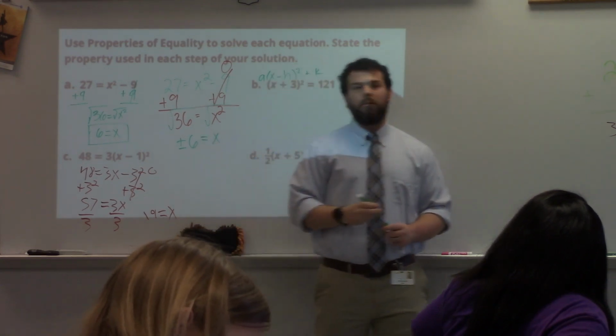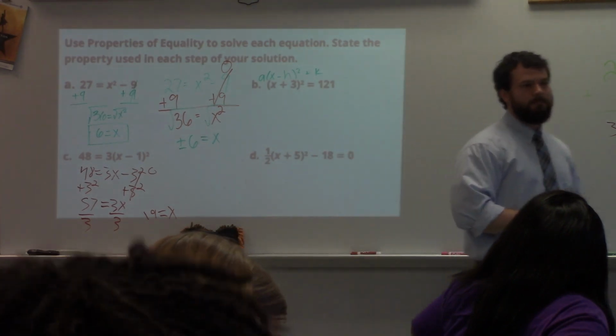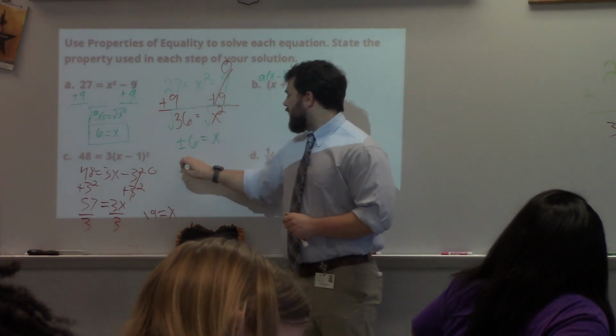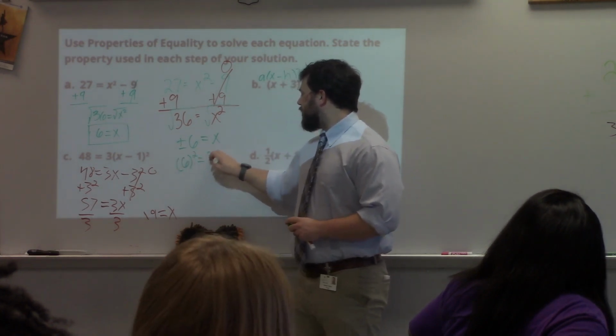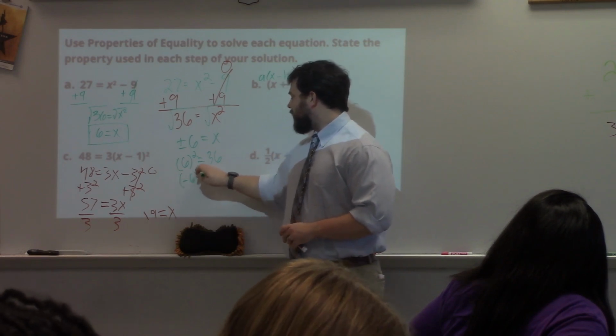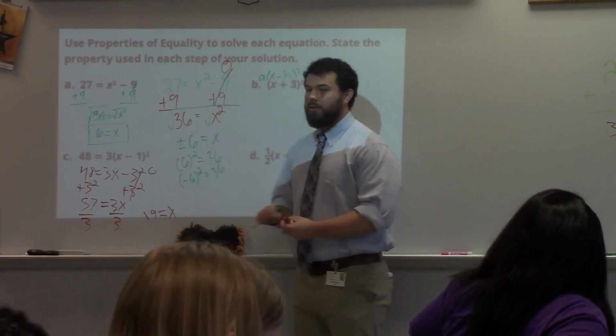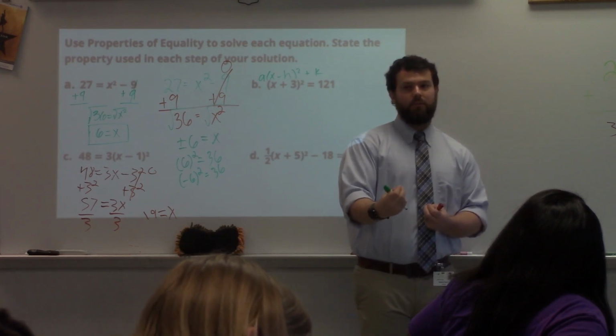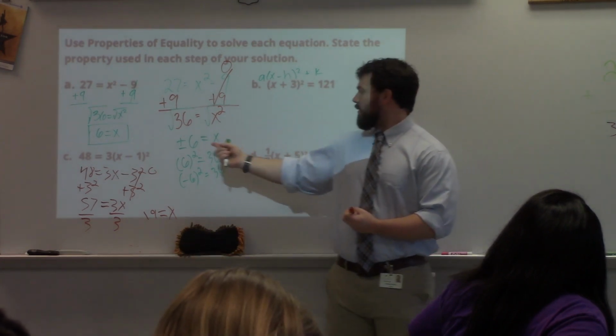What key thing did I write there that a lot of us forgot? The plus or minus. Remember, is 6 squared the only thing that equals 36? No. Negative 6 squared as well. You've got to remember that when you take that square root, you need how many answers? 2. One is negative and one is positive.